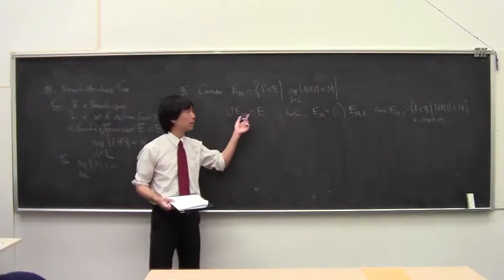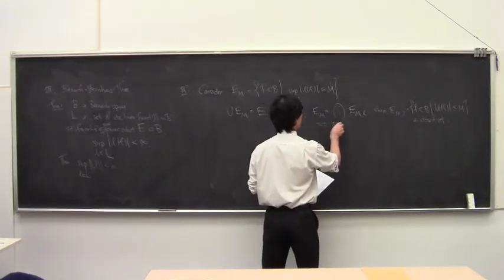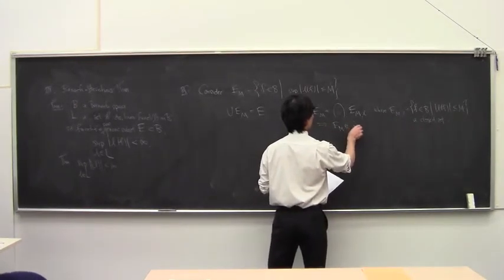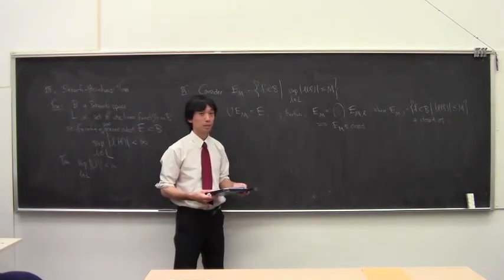And the point is that each of these E sub n is closed. Each is an intersection of closed sets.